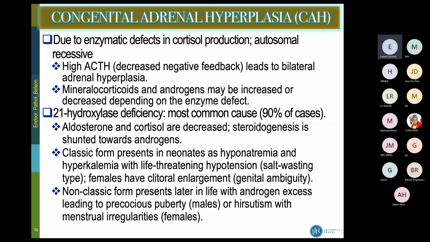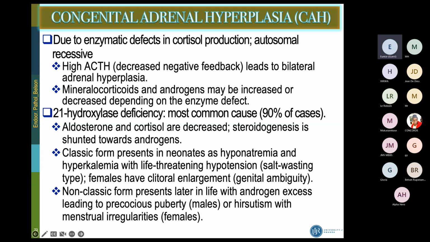So mineralocorticoids and androgens may be increased or decreased depending on the enzyme defect which is there. So if there is a 21 hydroxylase deficiency, which is the most common cause in 90% of the cases, aldosterone and cortisol will be decreased. Steroidogenesis will be shunted towards androgens.